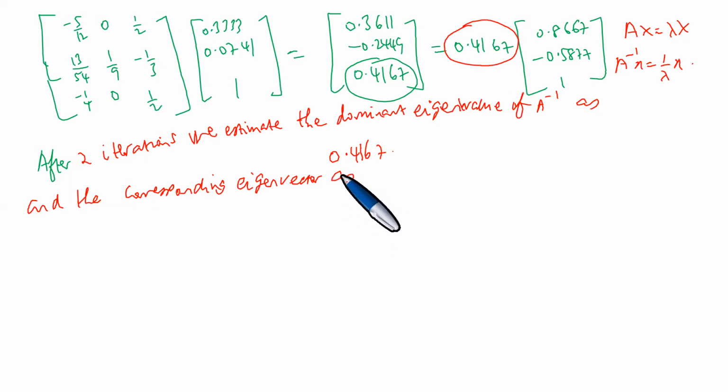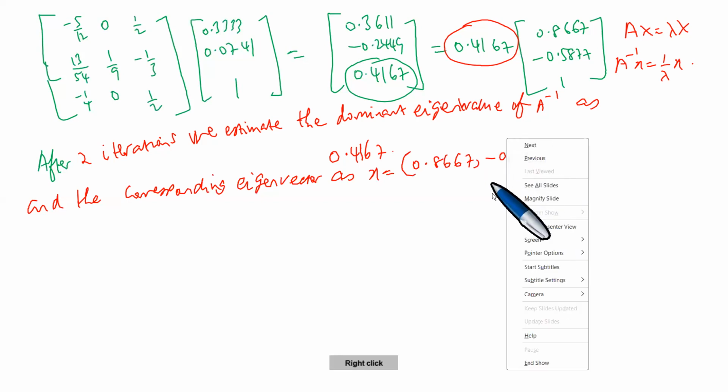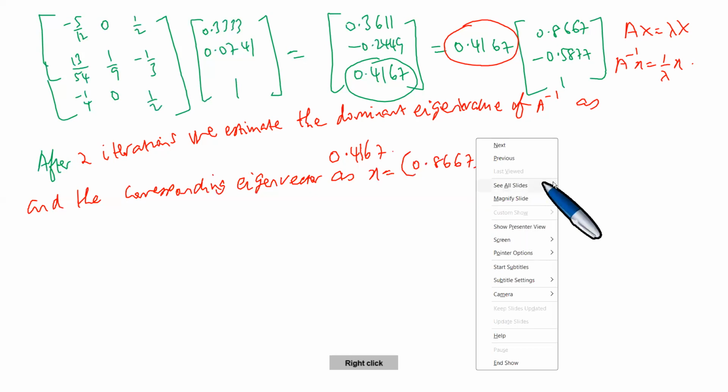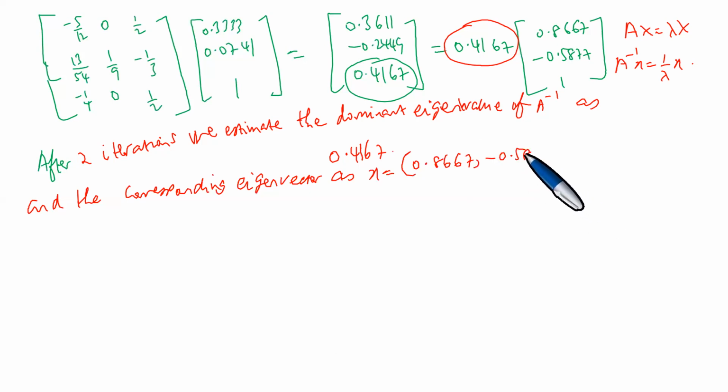The corresponding eigenvector is 0.8667, minus 0.5877. We're just copying this one and then 1. This is the eigenvalue, and that is the corresponding eigenvector.